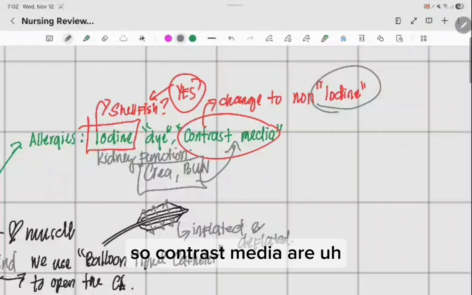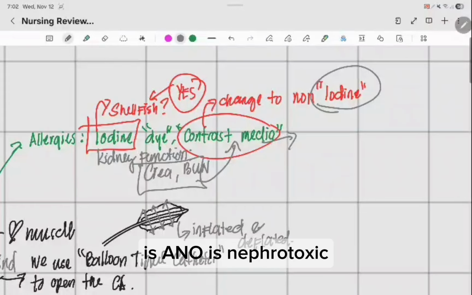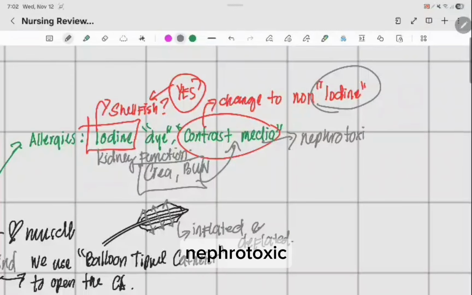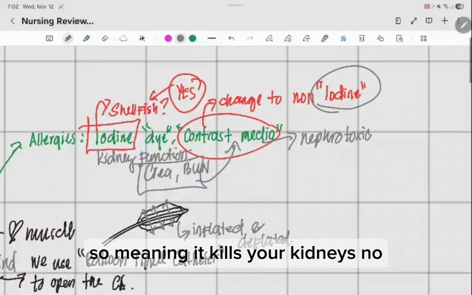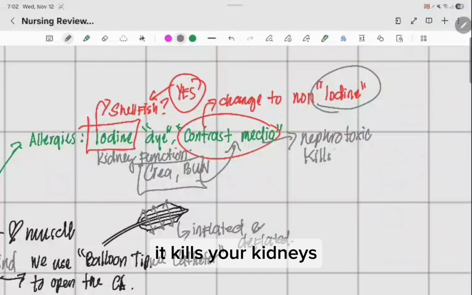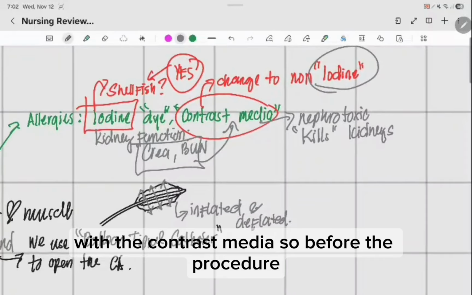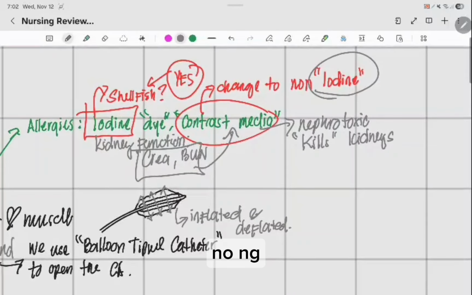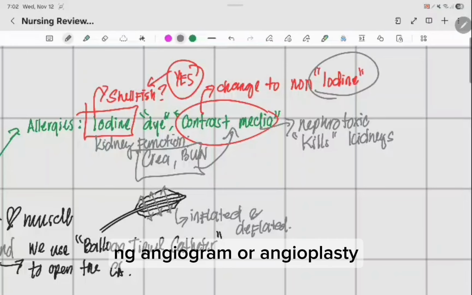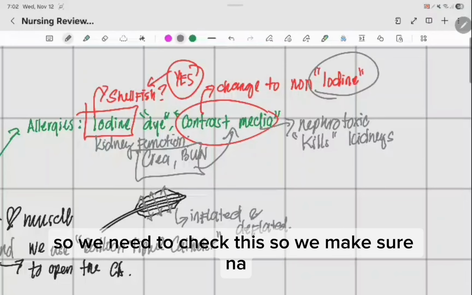Contrast media is nephrotoxic. Meaning it kills your kidneys, no? Yan ang problema natin with the contrast media. So before the procedure, no, ng angiogram or angioplasty, we need to check this.